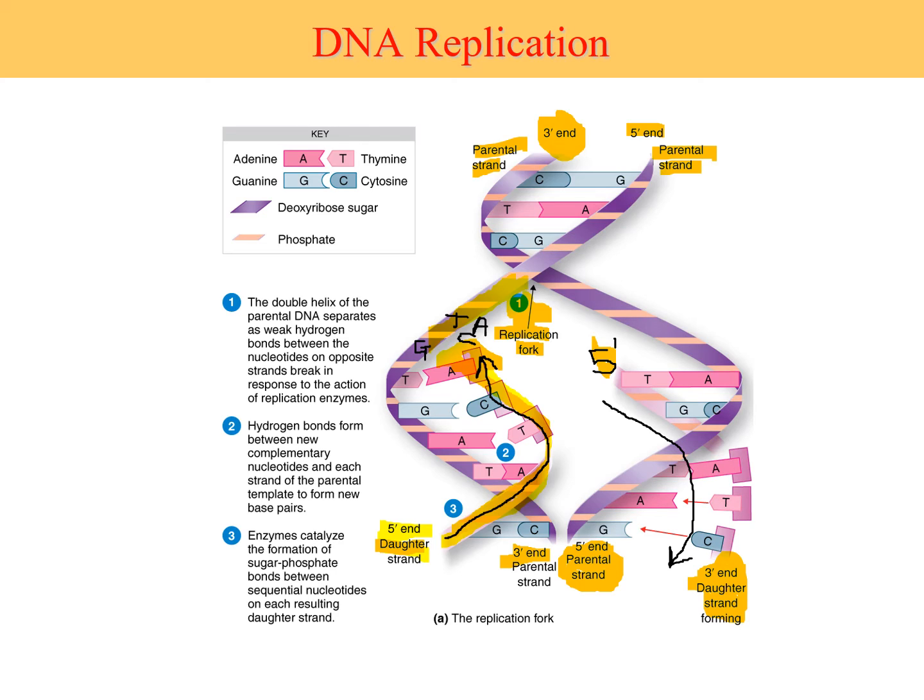A short segment is made, and then there's a pause and more parental strand unwinds, and then a new short segment of daughter strand DNA is again made in the same direction, 5' towards 3'.